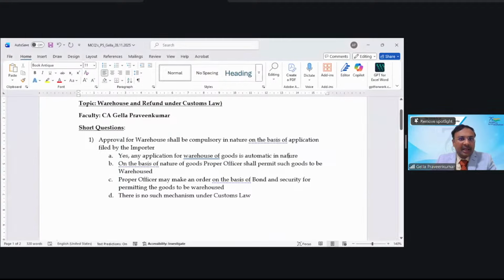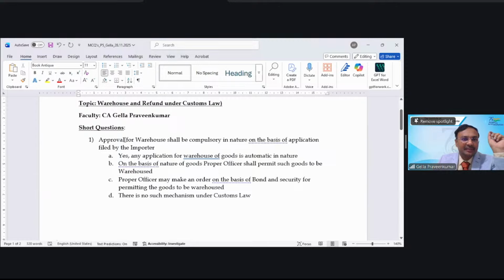First question. Approval for warehouse shall be compulsory in nature on the basis of application filed by importer. Now, when you solve your exam MCQs, the way you analyze your questions, the question indicates: is it possible, is it not possible? Generally, when you put the concerned customs or GST officer on the spot, that is something which law doesn't fit into.